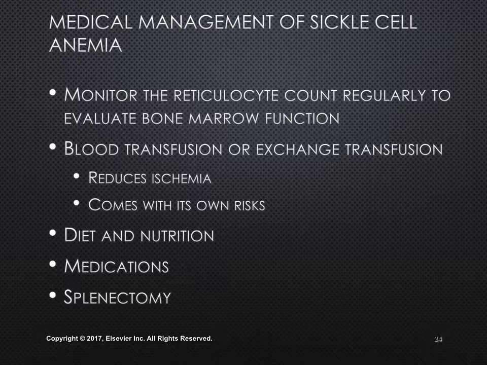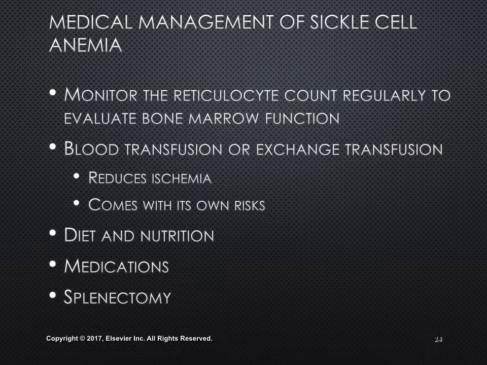And I probably said that in a very confusing way just now. But basically the idea is that we will take off a small amount of their blood, then we replace that same amount of volume through another site. And over a period of time, usually a couple hours, we are able to decrease the amount of abnormal cells and increase the amount of normal cells by giving them normal cells through the transfusion.